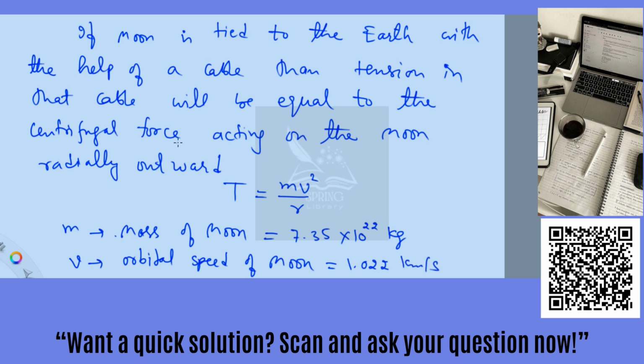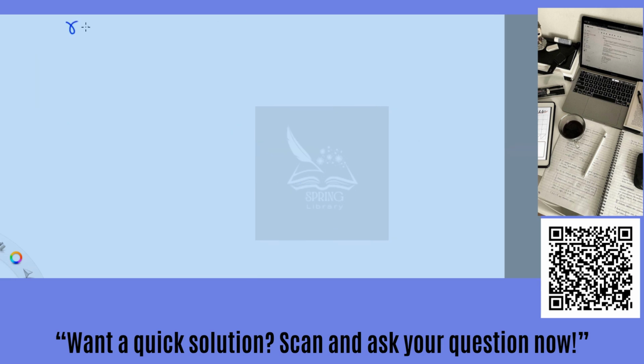And finally, r is the orbital radius of the moon around the earth, and it is found to be 3.48 into 10 raised to the power 8 meter.